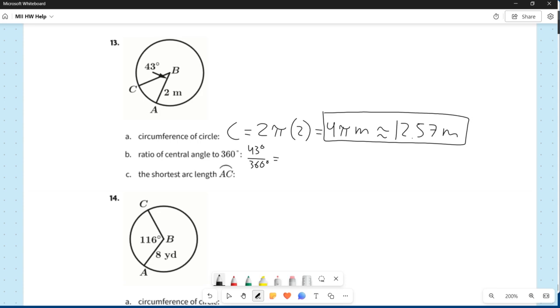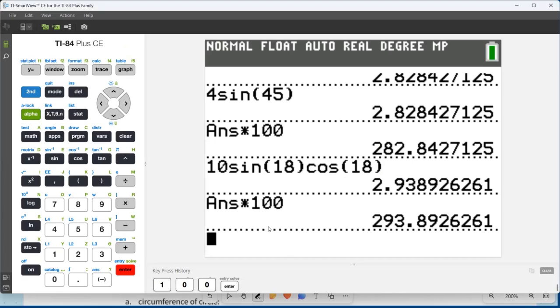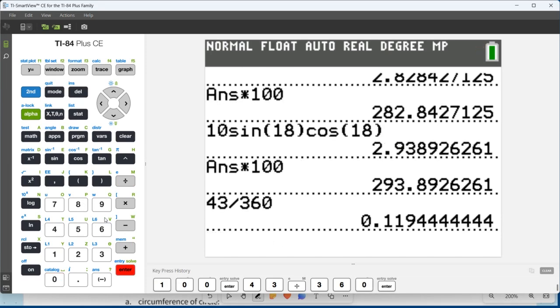It's just a number. And 43 is prime, and it is also not a factor of 360. So we can't really reduce this fraction at all. That is as reduced as it gets, and we can get rid of the degrees if we want to. So it might be good to get a decimal answer here. 43 divided by 360 is 0.12.